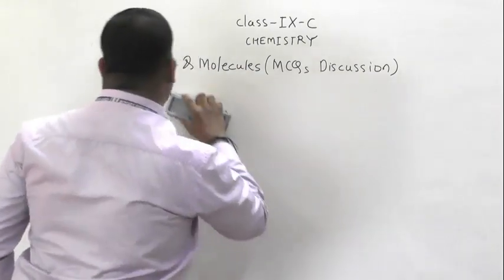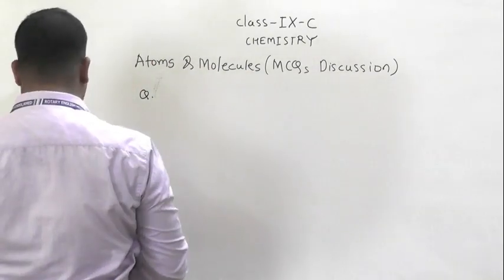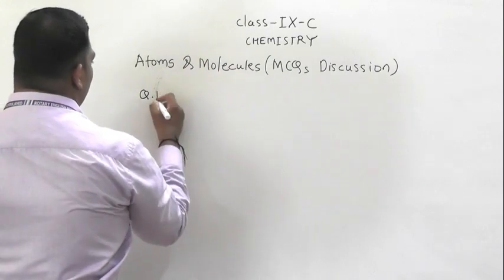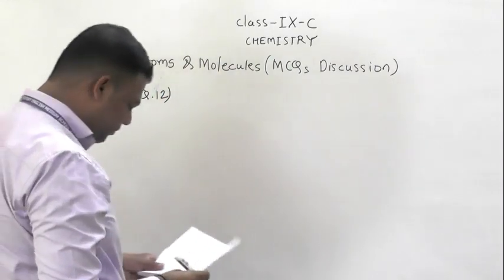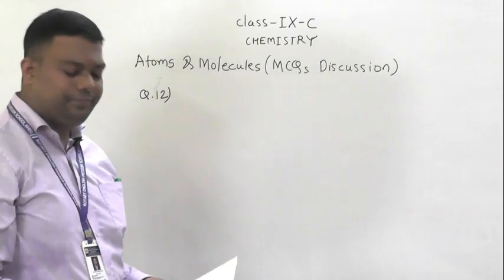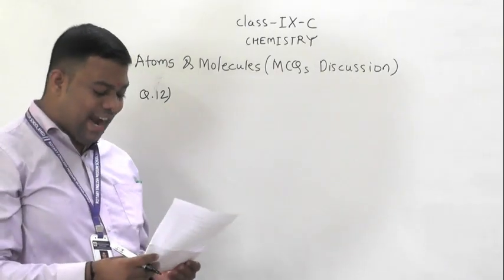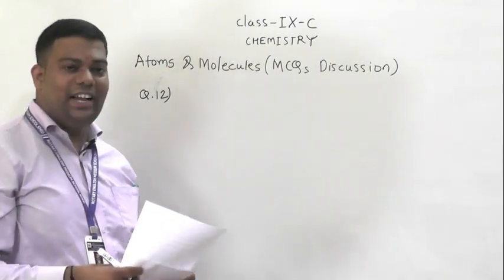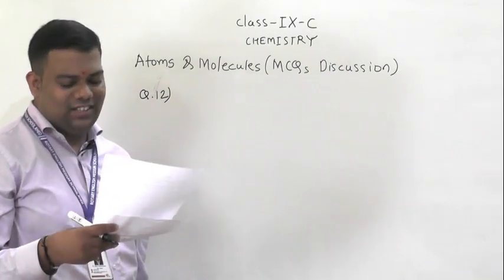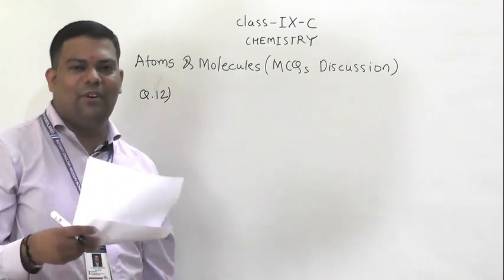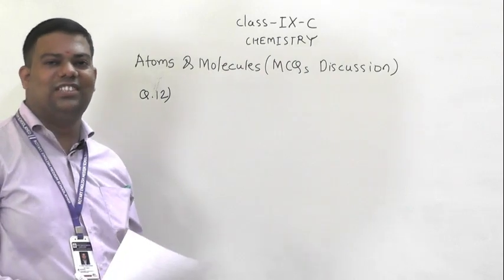The option is C. Now see question number 12. Carefully: how many atoms and gram atoms are present in 20 gram of calcium. It is very easy.